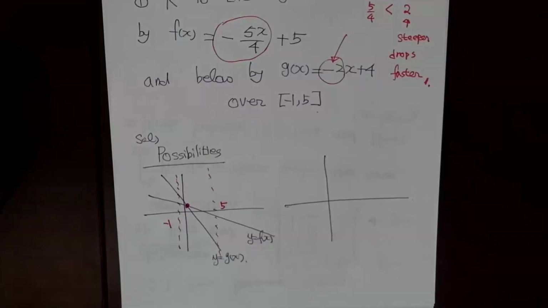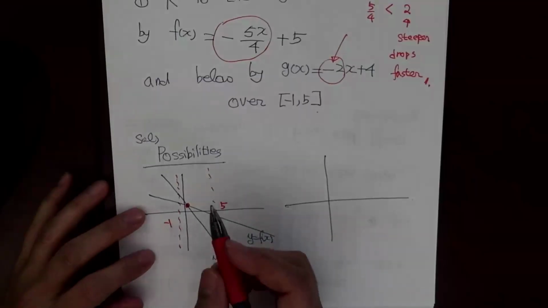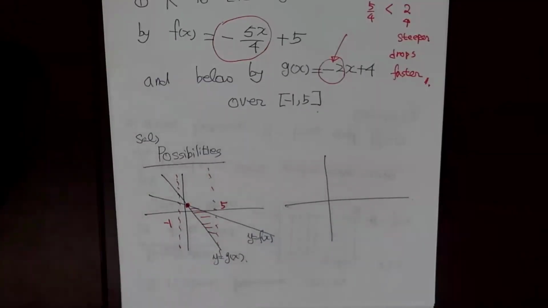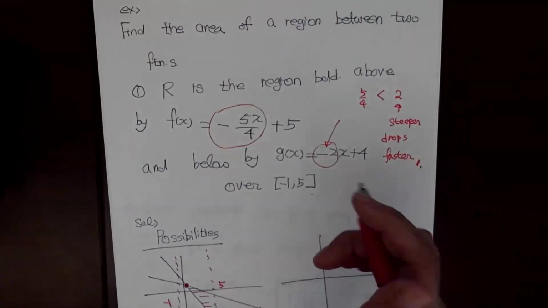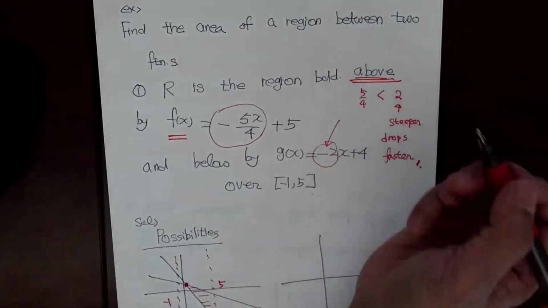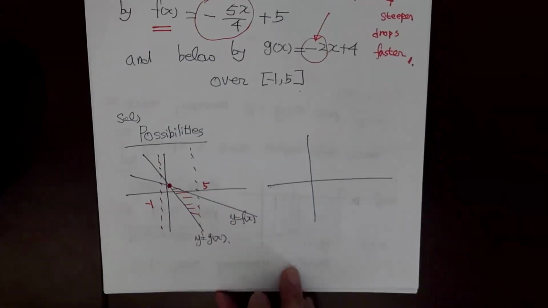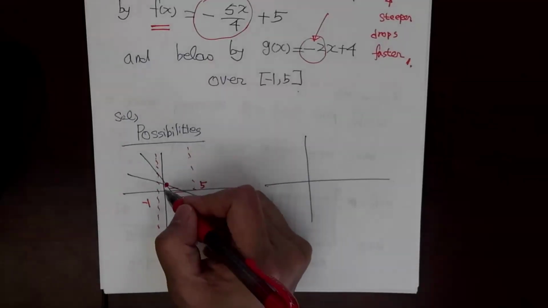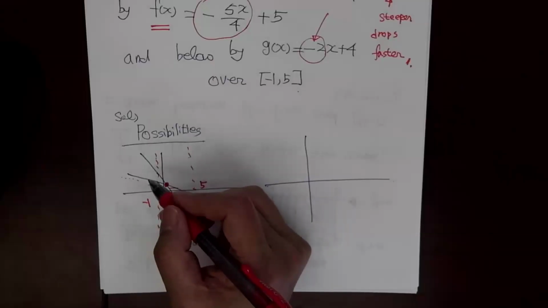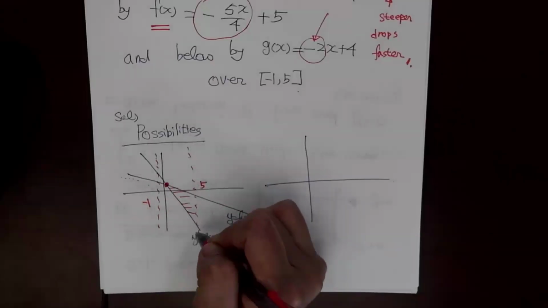And so to solve this problem, we have to think about this region, right? Because f must be the upper bound, right? After it passes here, f becomes smaller compared to g of x.